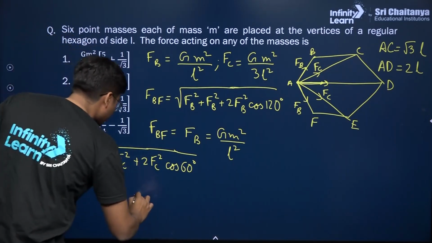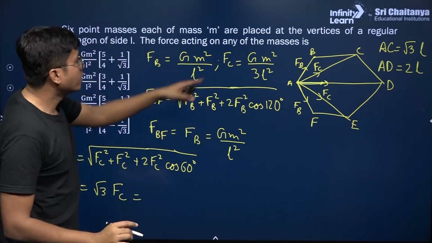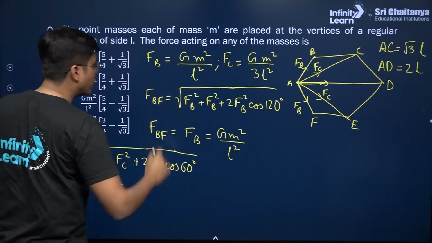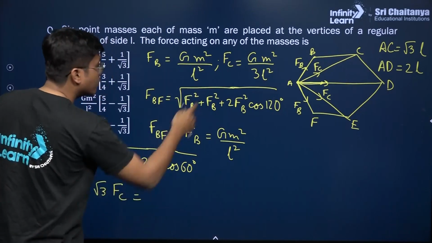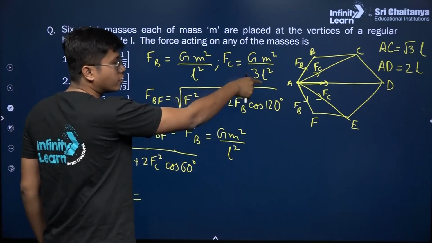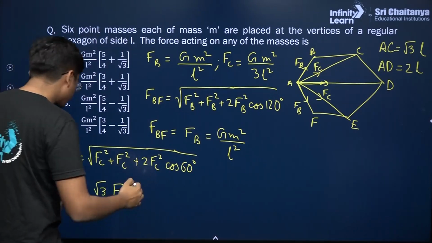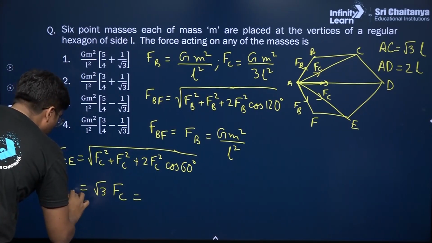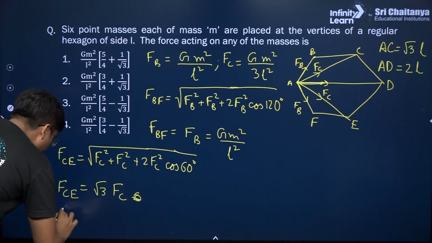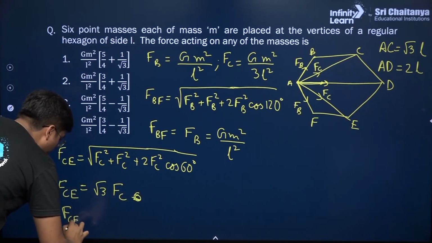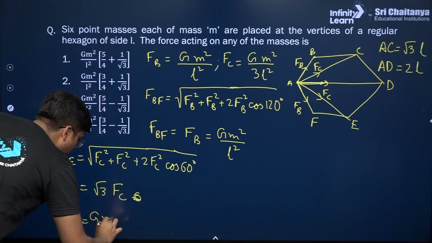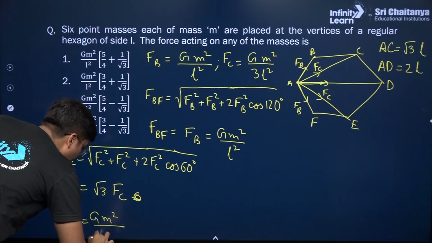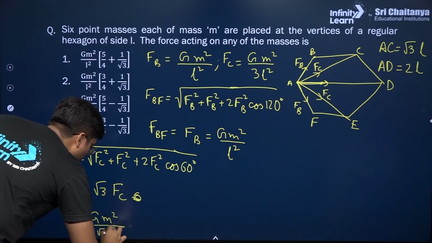FC value we have already got, which if you put in here, then this root 3 will cancel out with a 3 here and leave behind a root 3. So your FCE would be equal to GM square divided by root 3 into L square.